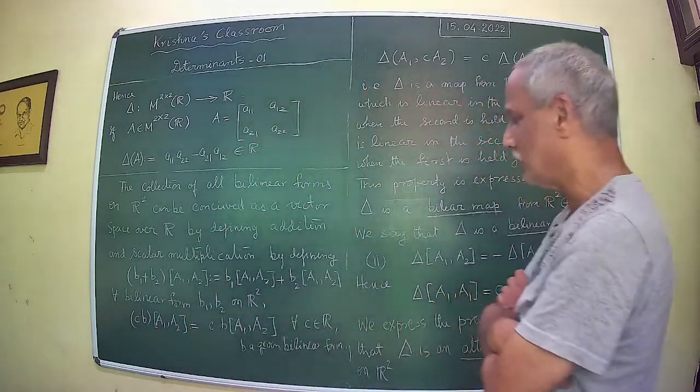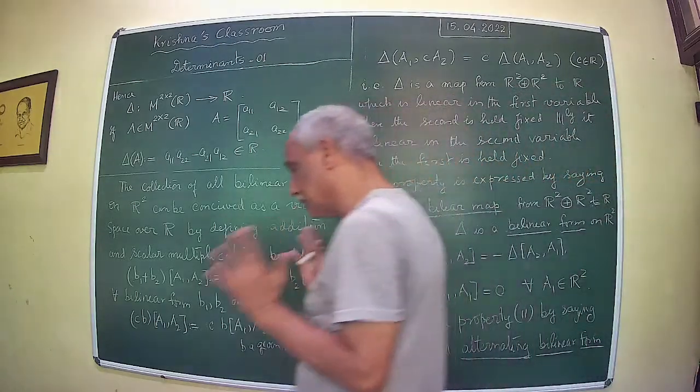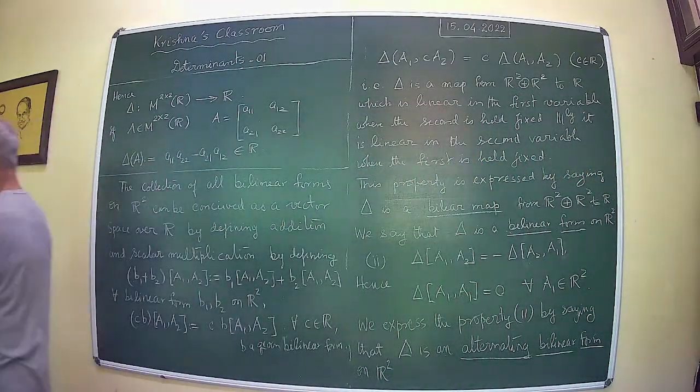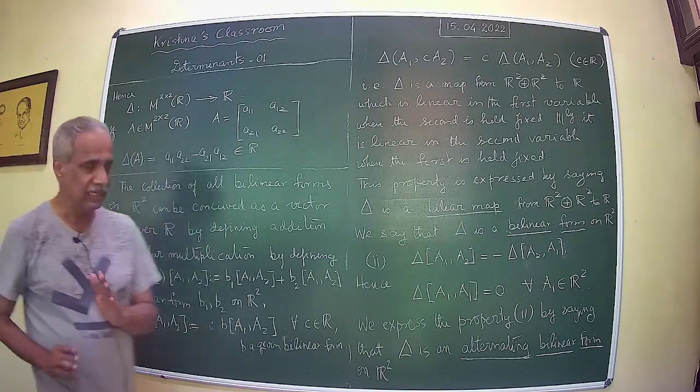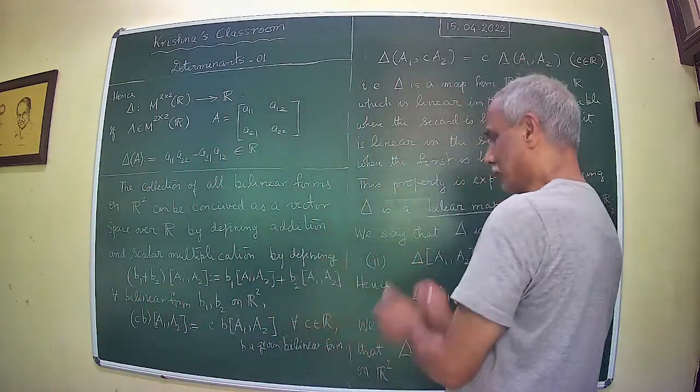Okay, so that is what you call a bilinear form. If you consider the space of all bilinear forms, you can define an addition in this way, it is very straightforward.